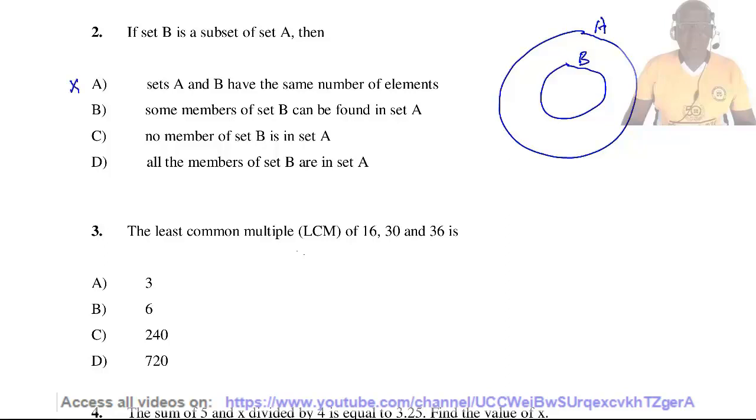This is false. Some members of set B can be found in set A. This is also false. No member of set B is in set A. This is also false. All the members of set B are in set A. That is true.